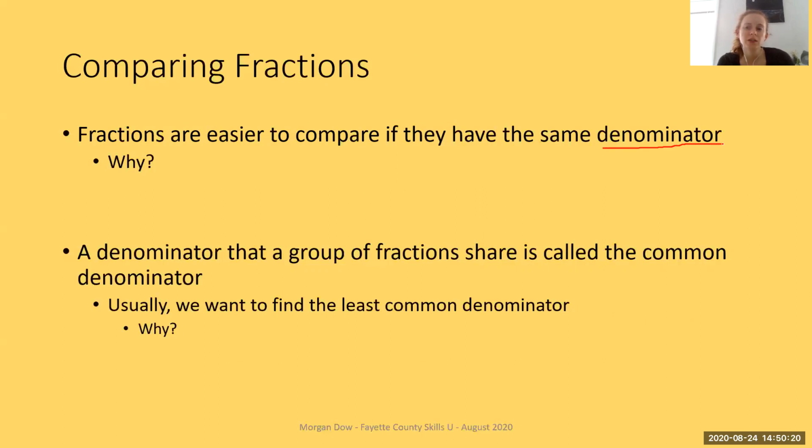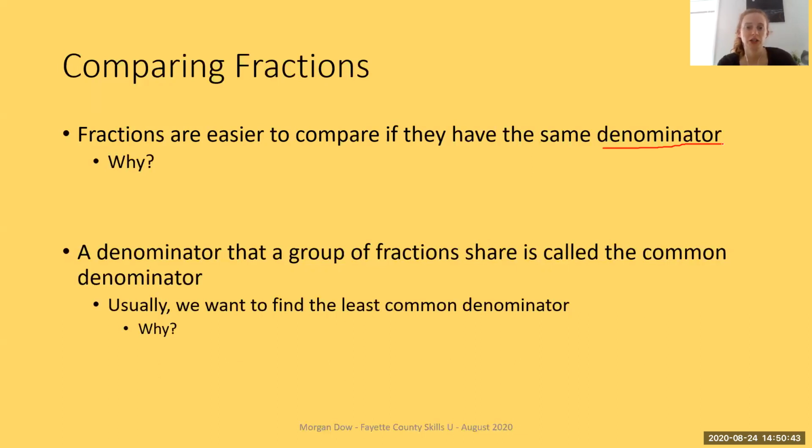And so it also kind of tells us about the size of those parts, right? Because if you take a pizza and you start cutting it up into more and more pieces, the pieces are going to get smaller and smaller. So the denominator tells us about the number of parts in the whole, but it also gives us a little information about the size of the parts.